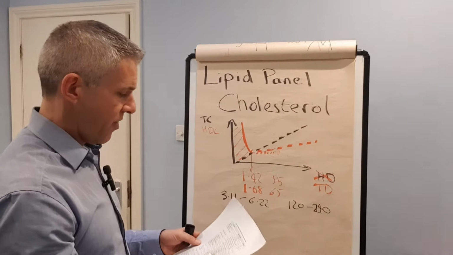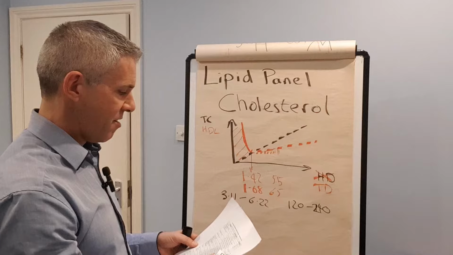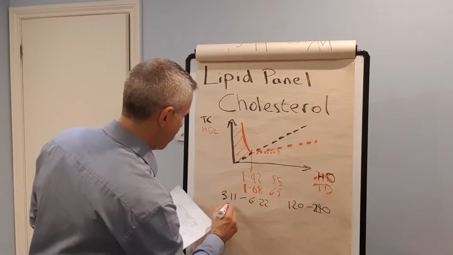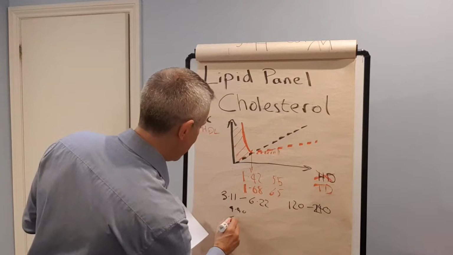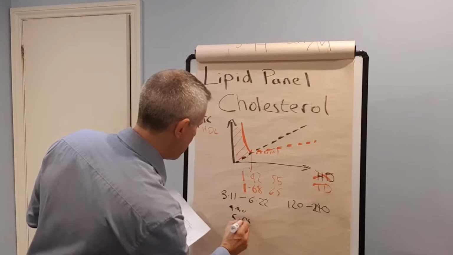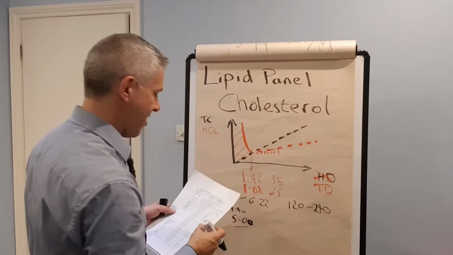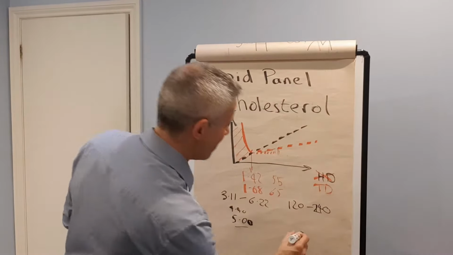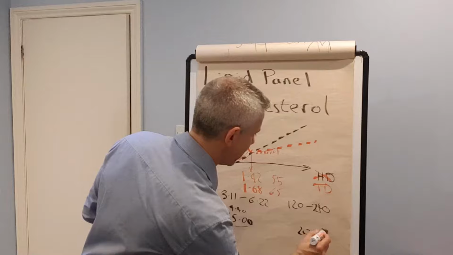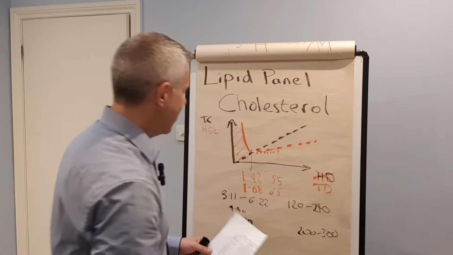And then as you get older, the lower level comes up to about 4.40 and the upper range goes up. And for women, women don't want their cholesterol to be under 5 in the UK, which in America is 200 to 300, basically.